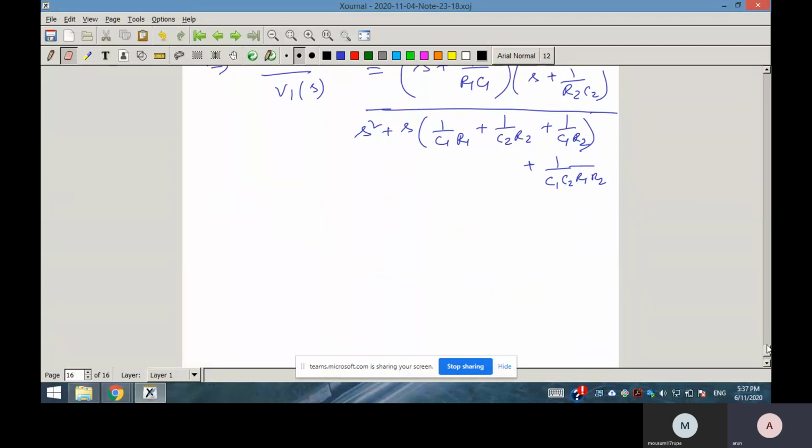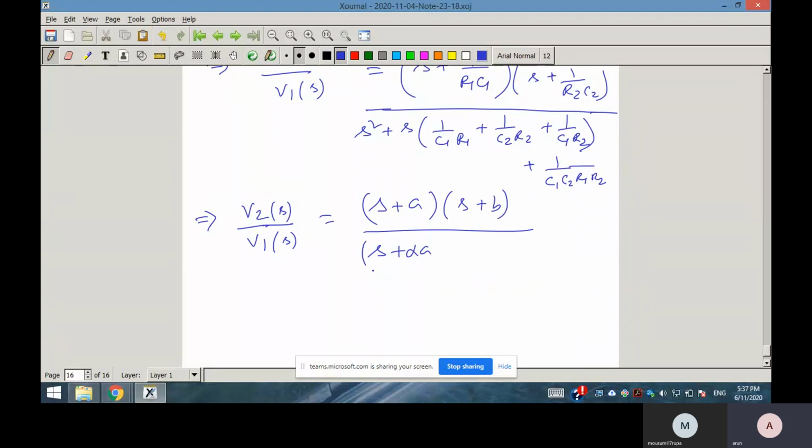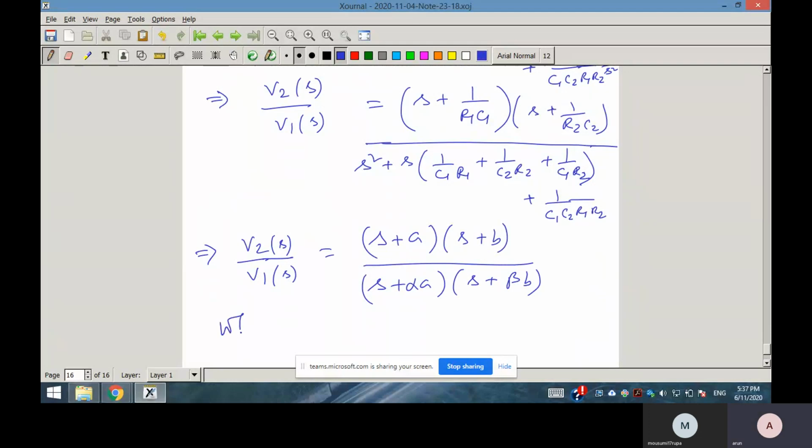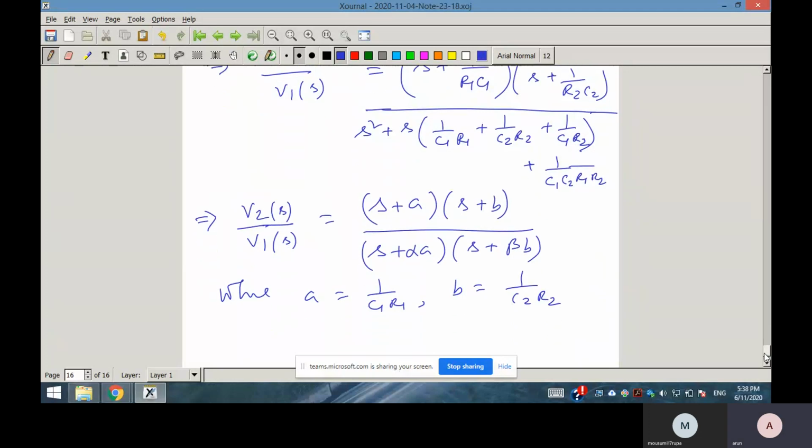So if you want to write V2 by V1 like this, it equals (s + a)(s + b) divided by (s + alpha a)(s + beta b), because alpha beta equals 1. Where a is 1 by C1 R1 and b is 1 by C2 R2. What is your alpha beta?